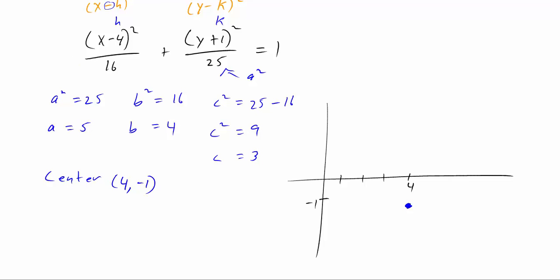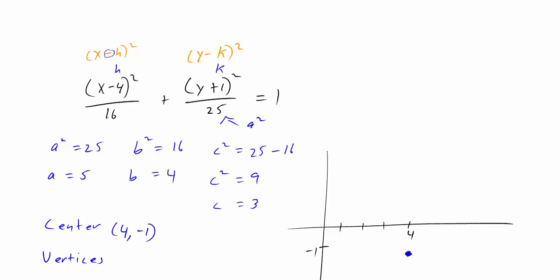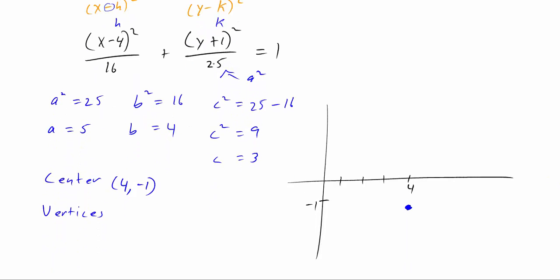All right, so then from here we can calculate the vertices. And remember, the vertices are located a units from the center. And now, I forgot to mention here, our a squared is underneath the y squared, so that means this would have a vertical axis.